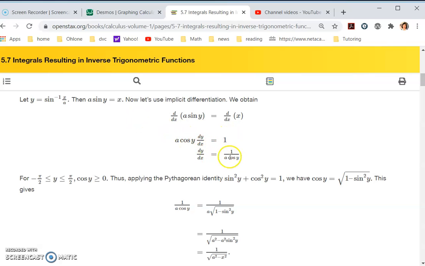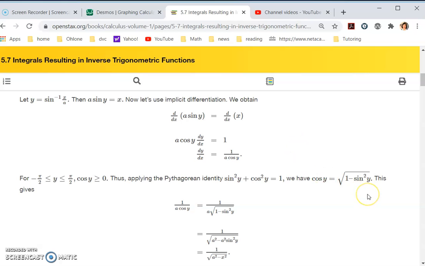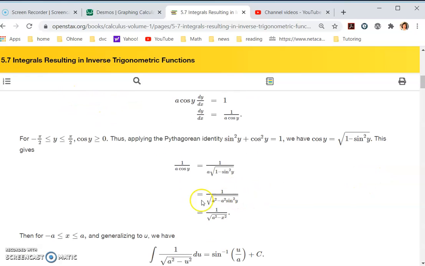So dy/dx is 1 over a cosine y. Cosine y is the square root of 1 minus sine squared y, and we know sine y is x over a, so we get 1 over the square root of a squared minus x squared.